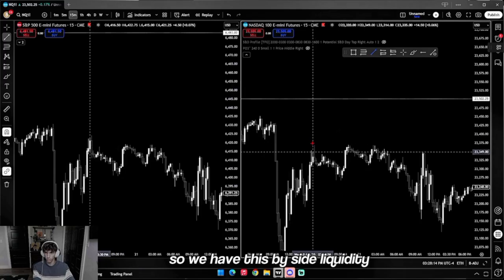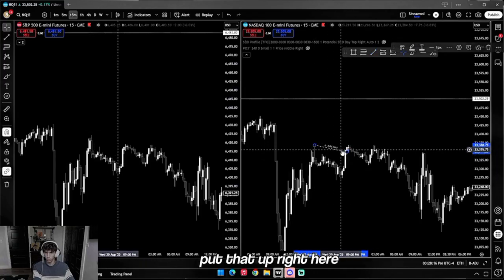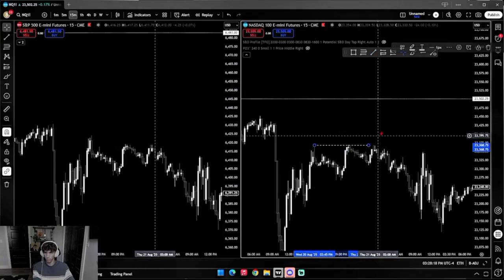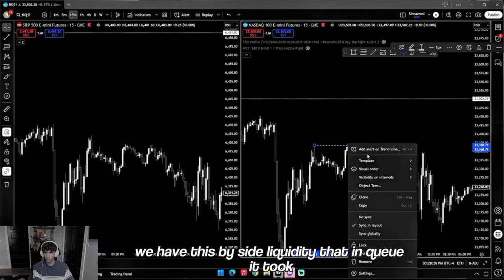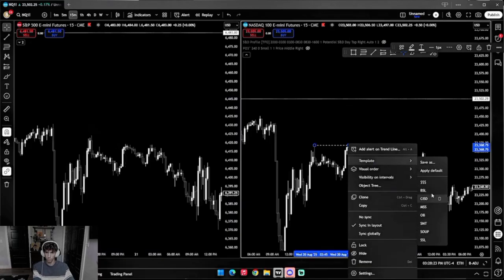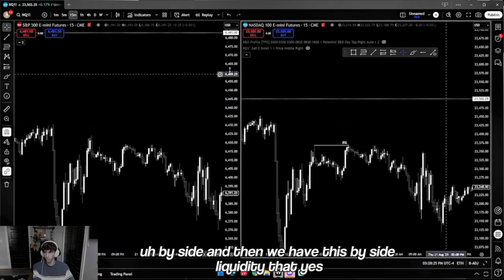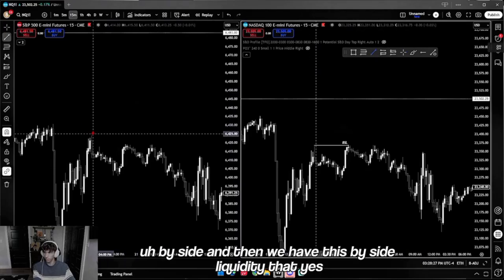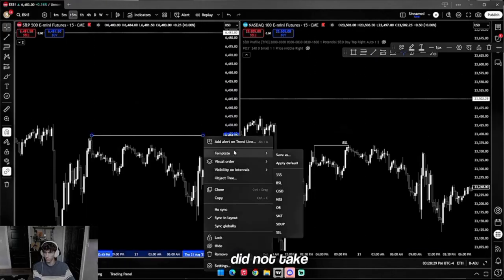So we have this buy side liquidity, put that up right here. We have this buy side liquidity that NQ took. And then we have this buy side liquidity that ES did not take.